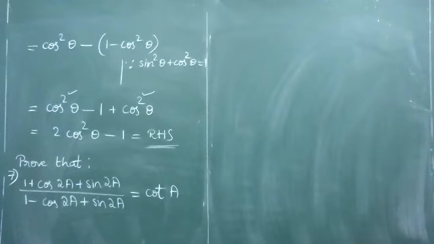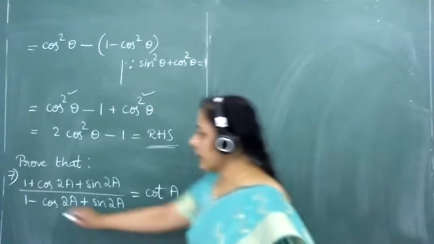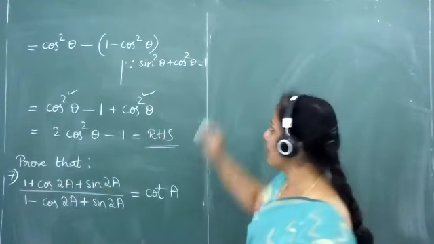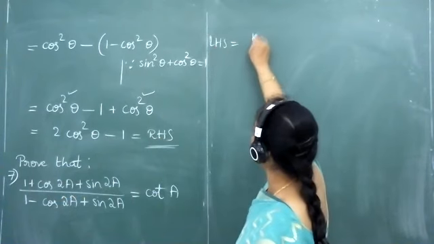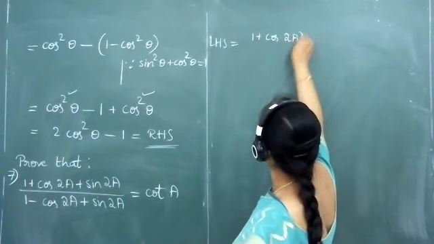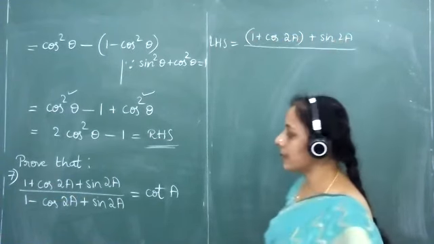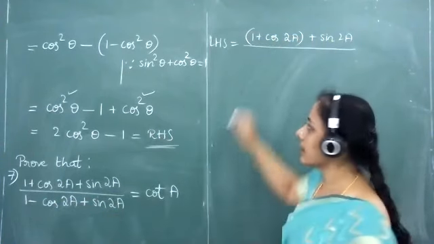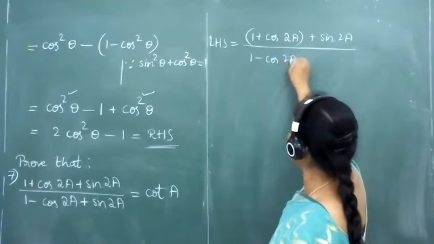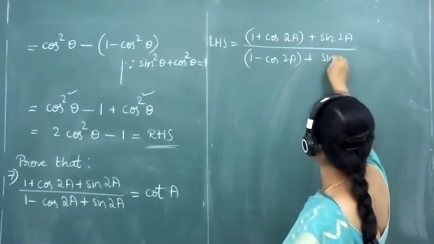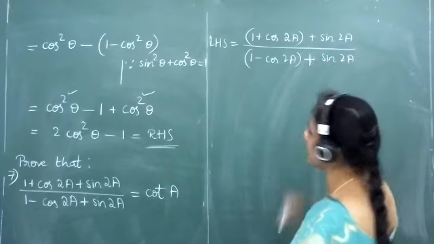And to prove this result, we will be using again compound angle, multiple angle formula to both numerator and then denominator. The numerator here, 1 plus cos 2a, we shall consider as one term. So I will group the terms now. 1 plus cos 2a, I keep it as it is, plus sin 2a. Likewise, in the denominator, we shall consider 1 minus cos 2a as one expression, plus sin 2a will be retained as it is.